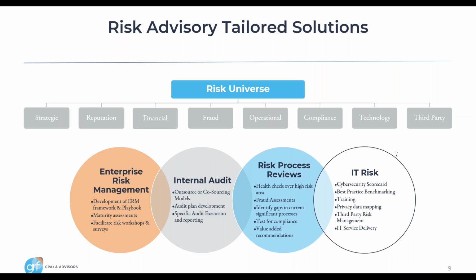And so some of the things that an organization should be considering as it looks at the entire risk universe is what you see here: strategic, reputational, financial, fraud, and all the way down to third party. And it is important to also consider that ERM is something that you can look at holistically, or you can take a look at some of the slices of ERM or some of the pillars of ERM.